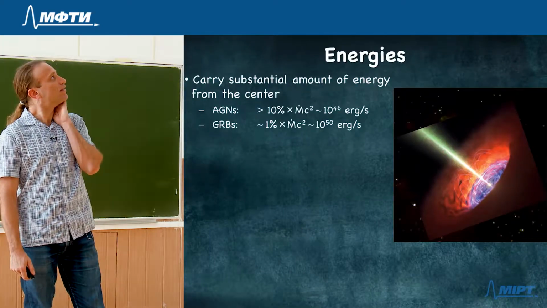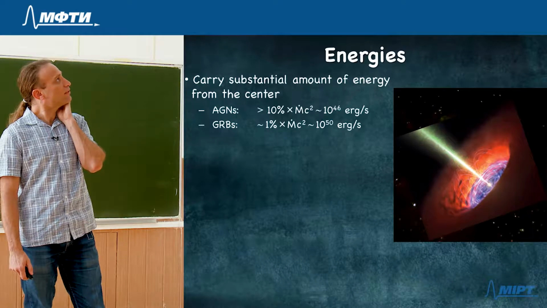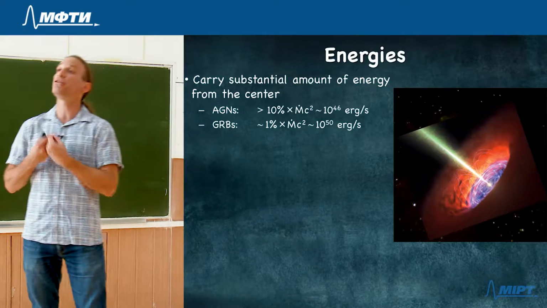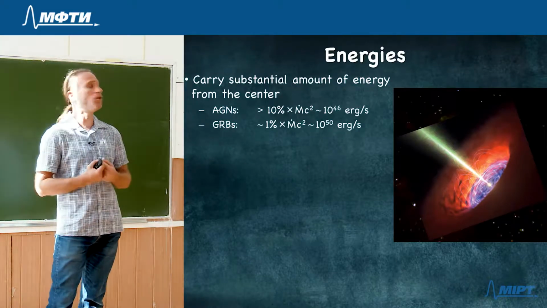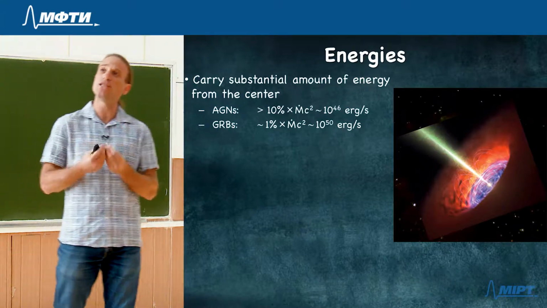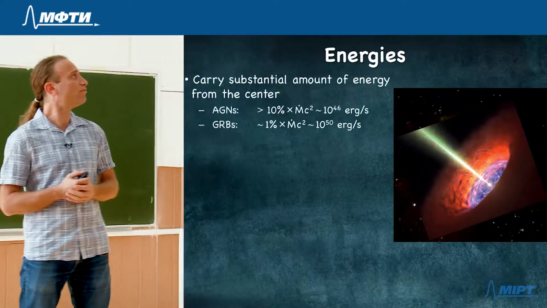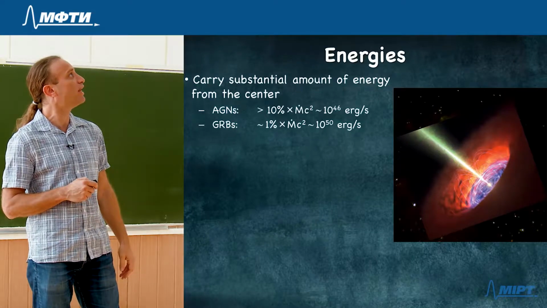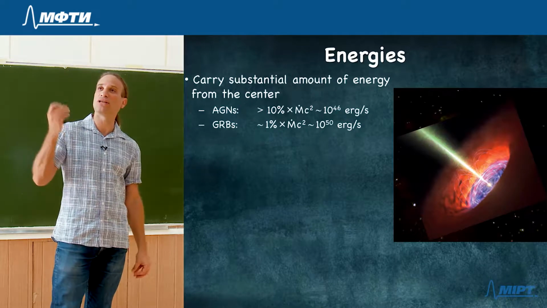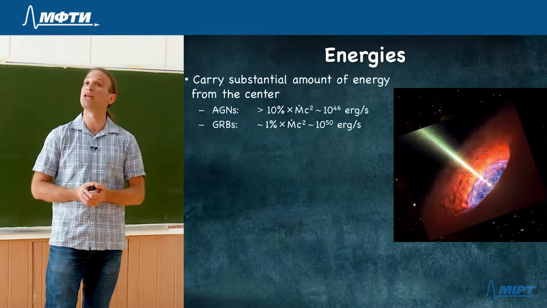So, energies. The jets carry a lot of energy from the center of the system, where the black hole or the neutron star resides, and they put this energy very far from the origin. For example, in AGN, they carry up to 10% of the total mass energy that is accreted onto the black hole.